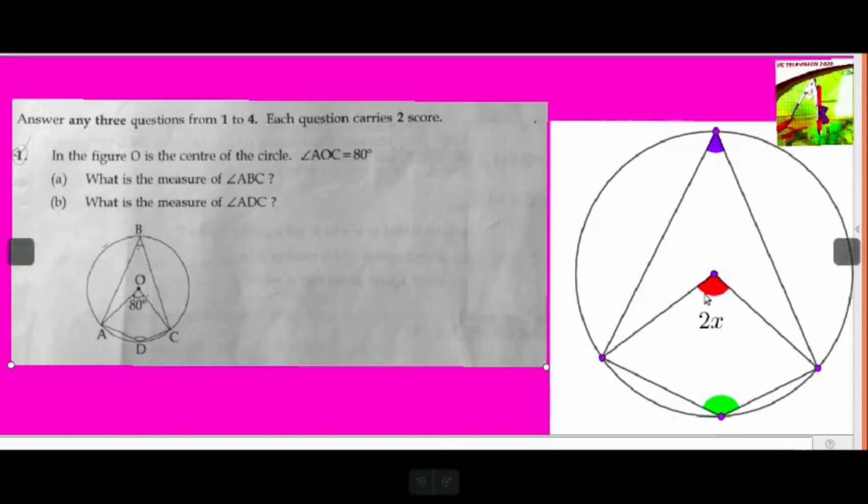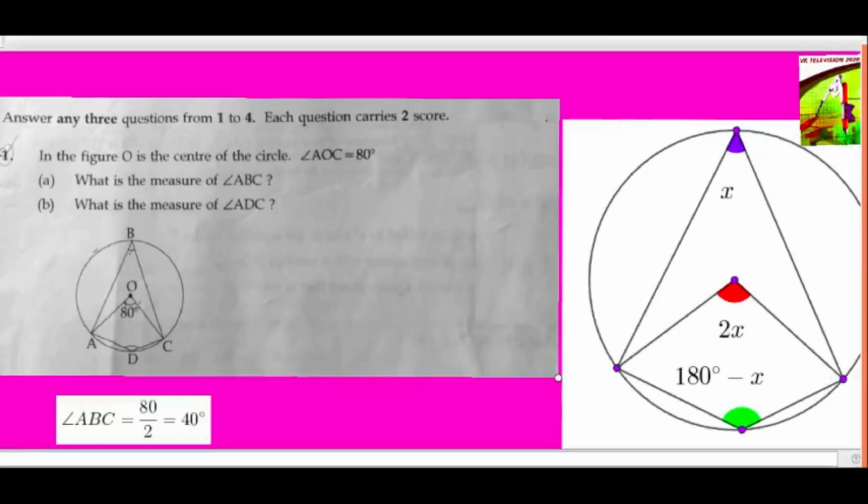If 2x is the central angle of a chord, then this angle is equal to x. Since the central angle of chord AC is 80 degree, this angle is 80 by 2 is equal to 40.